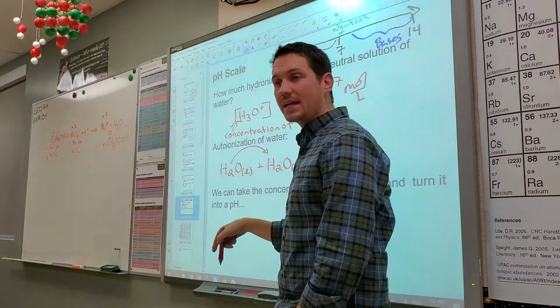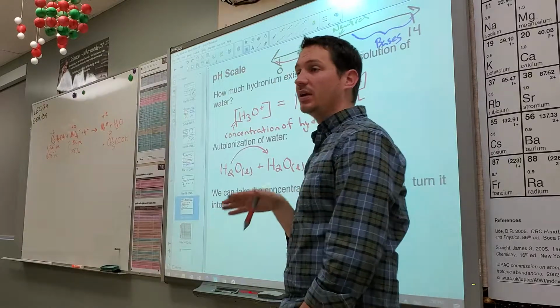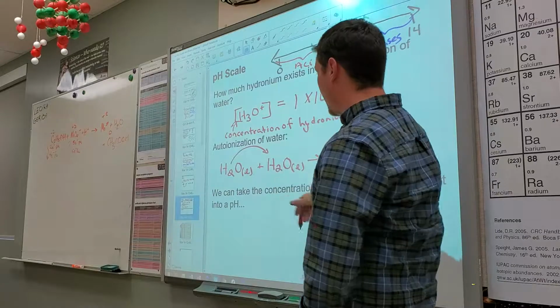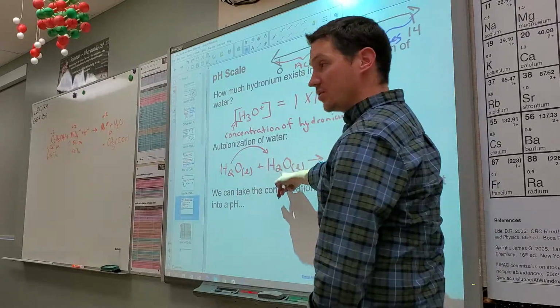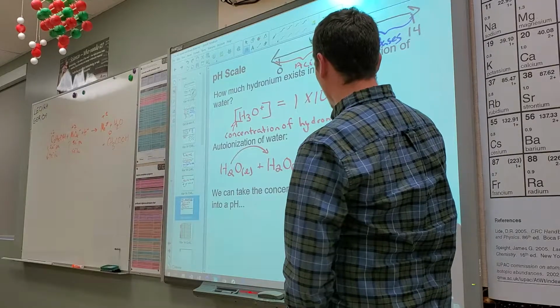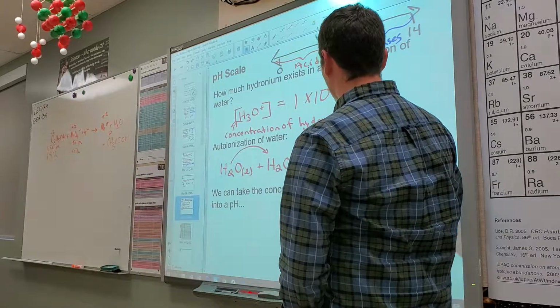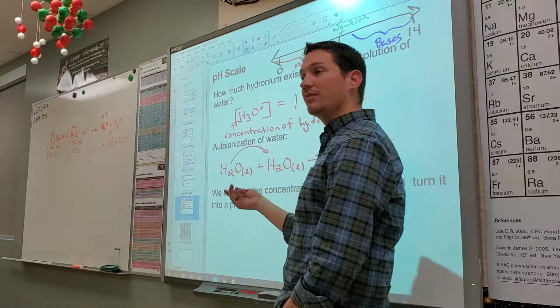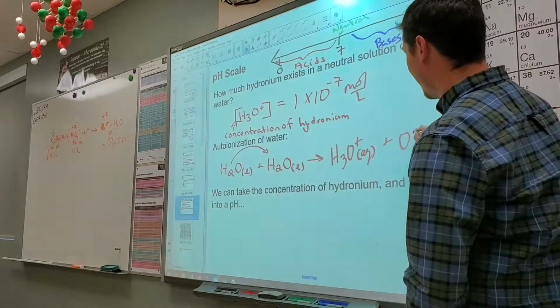What are we going to get when that happens? This water molecule turns into a hydronium, H3O plus. And we're going to be left with a hydroxide.